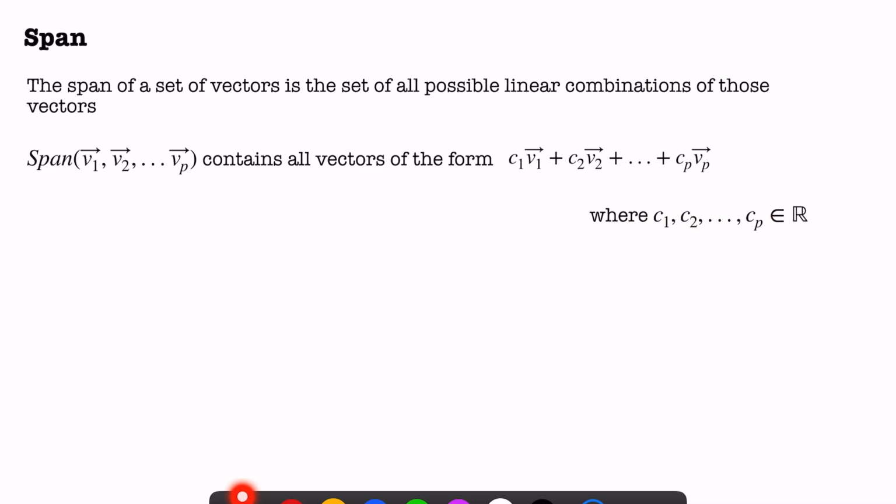So basically we are taking a set of vectors, we are scaling the vectors arbitrarily using different scalars, different real numbers, and then we are adding them up to get a linear combination, and the span is basically the set of all possible such linear combinations.